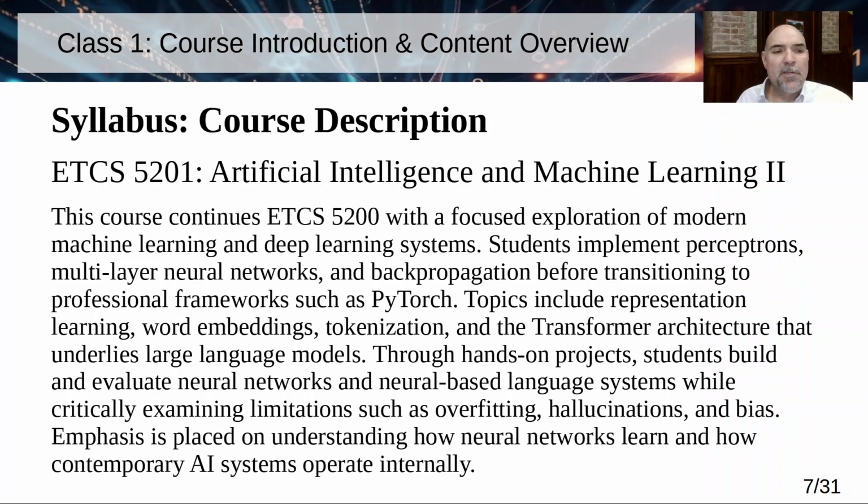Topics include representation learning, word embeddings, tokenization, and the transformer architecture that underlies large language models. Through hands-on projects, students build and evaluate neural networks, neural-based learning language systems, while critically examining limitations such as overfitting, hallucinations, and bias. Emphasis is placed on understanding how neural networks learn and how contemporary AI systems operate internally.